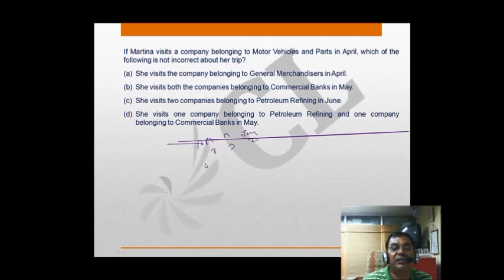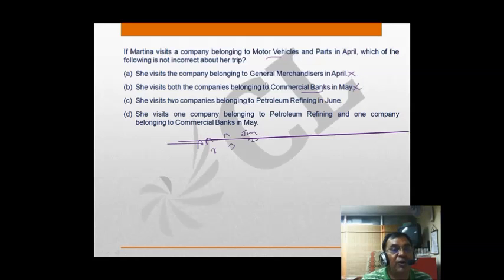General merchandisers in April: this is wrong because motor vehicles and parts in April have to come with a bank, and 1 Exxon Mobil has to come. So in April it cannot come. She visits both companies, commercial banks in May: that is also wrong, because if in April motor vehicle is there, banks have to be there.